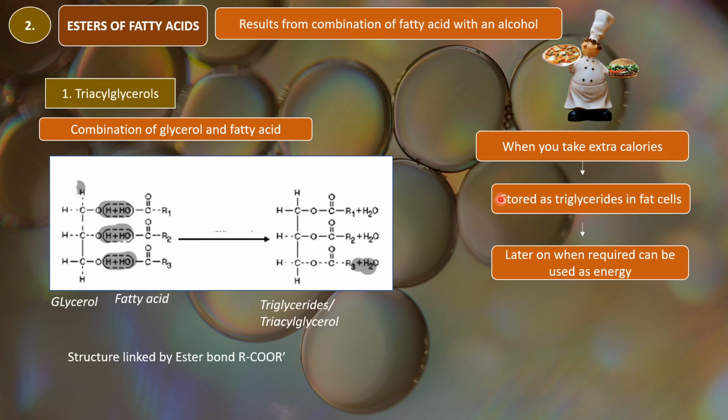But this is extra calories, and hence it has been stored in your body, and if you keep on taking extra calories, ultimately the stored triglyceride is so much that it can carry a high risk of heart disease. Heart disease is related to your arteries, and these triglycerides are nothing but fats, which get deposited in your arteries, which carry the oxygenated blood your body needs, which your heart pumps.